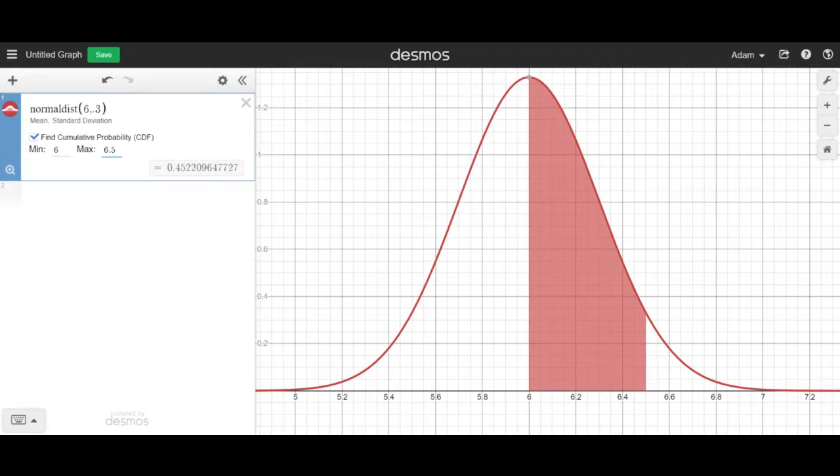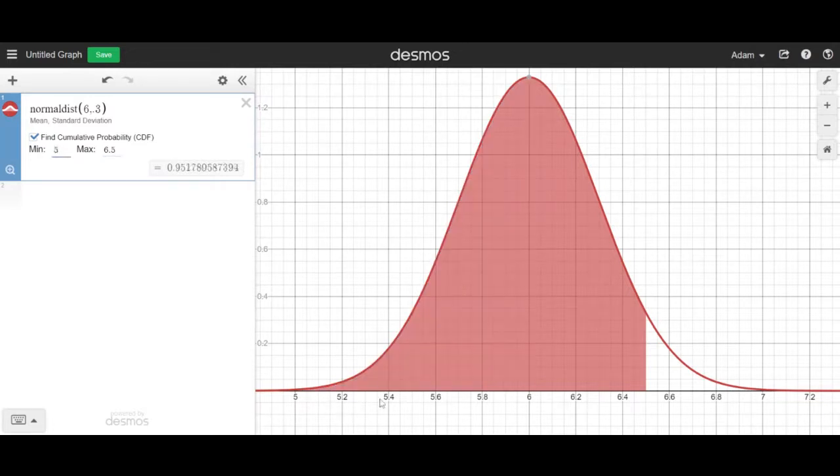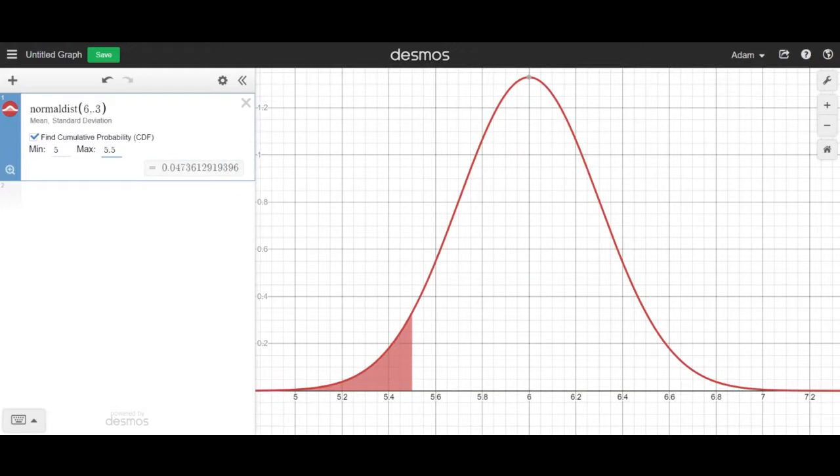Okay, so what happened there? Well, let's see. Our minimum then would be 5. So we're looking at the percentage of students that scored between a 5 and a 5.5. So we have 5 as the minimum. We have 5.5 as the max, and you can see it's over here.